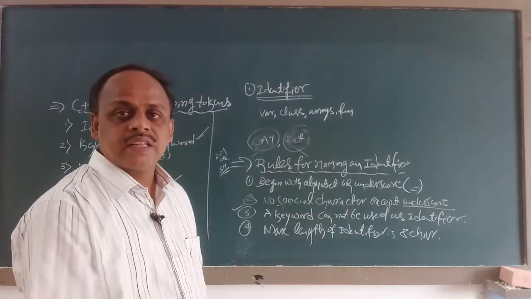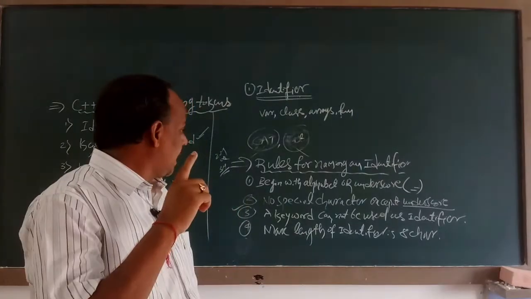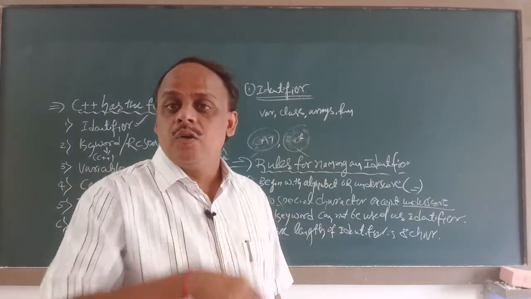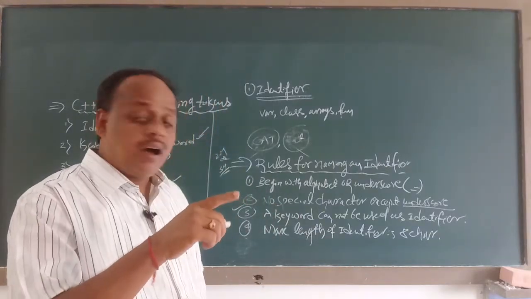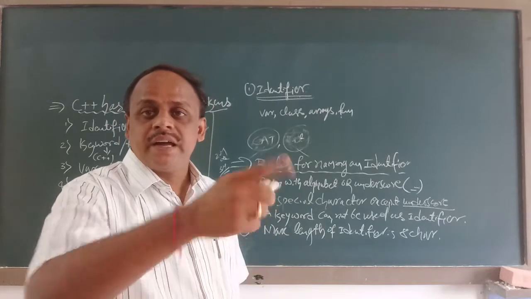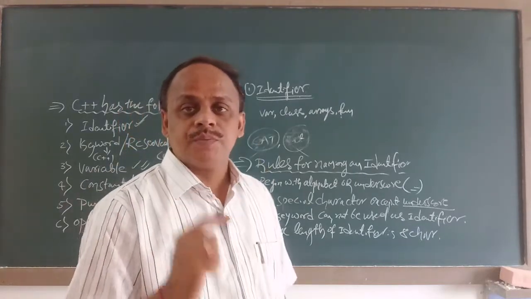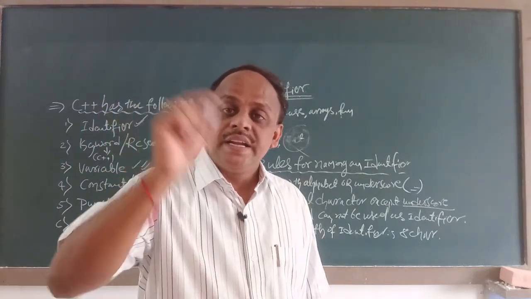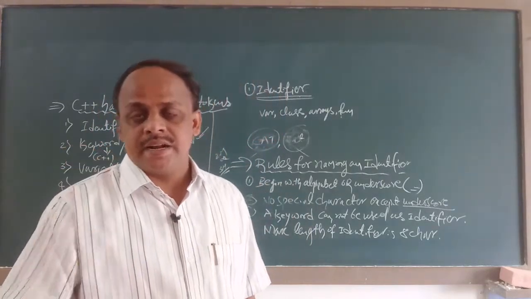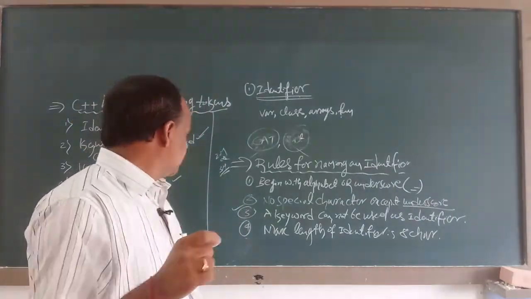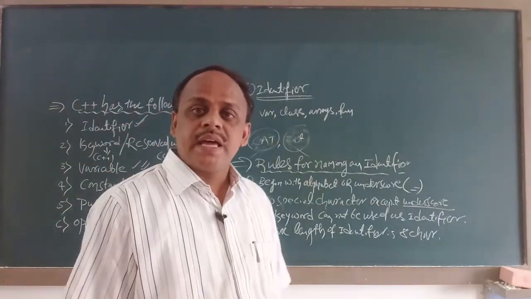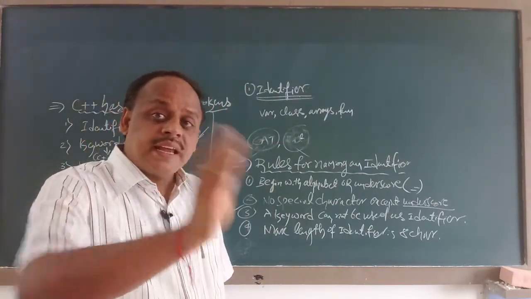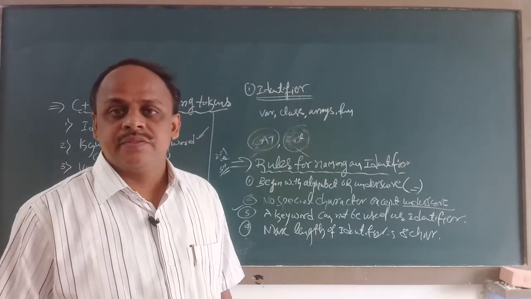Let us recall what are the rules. First one, identifier should begin with an alphabet, it may be uppercase or lowercase, or underscore. It should begin with an alphabet or a special character called underscore. Second one, no special characters are allowed while defining an identifier except underscore. Third point, a keyword cannot be used as identifier, some keywords are there, so they cannot be considered as the name of the identifier.